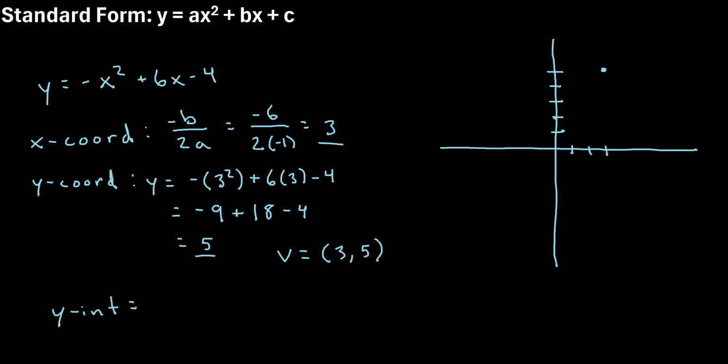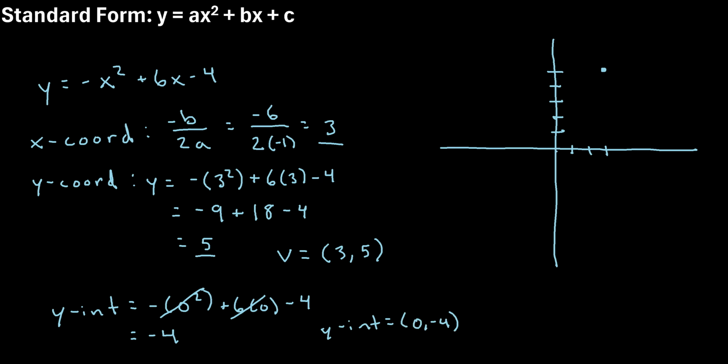We plug in a 0 for x into this equation and see what we get. So negative 0 squared plus 6 times 0 minus 4. We can see that both of these terms are 0, and we're left with negative 4. So the y-intercept is 0, negative 4.